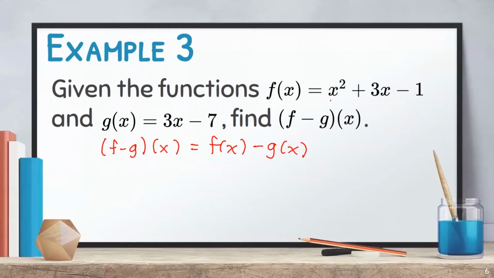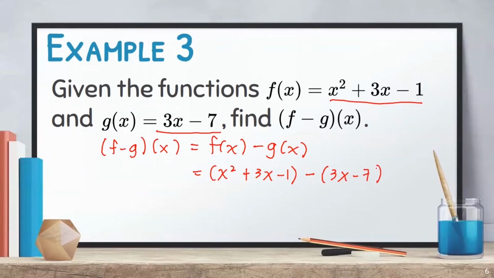Substitute the given f of x and g of x on our formula. So we will have x squared plus 3x minus 1 minus 3x minus 7.